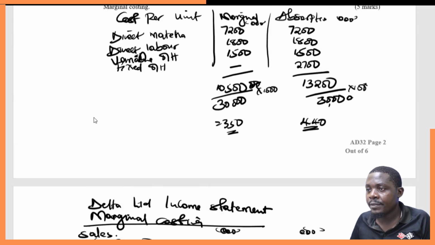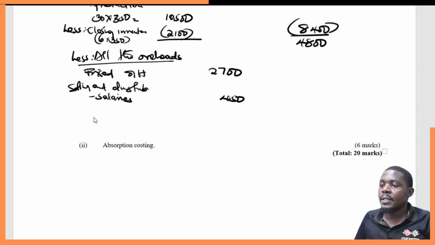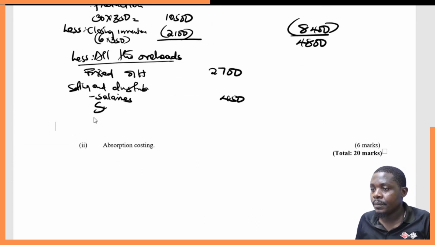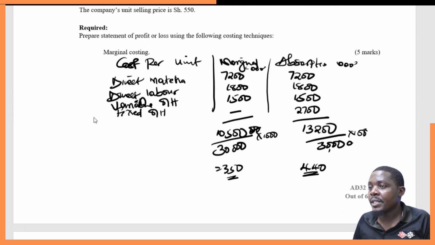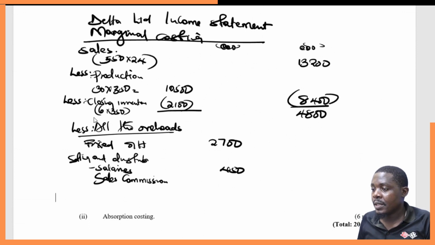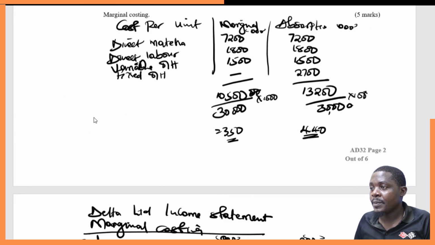What else do we have from our list? Variable sales commission. Sales commission was how much? It was 300. We had promotion and advertisements, which were 480.